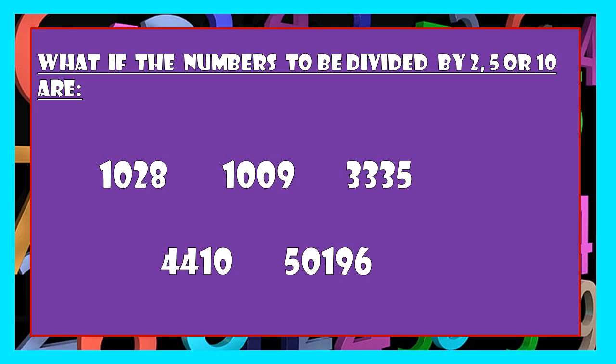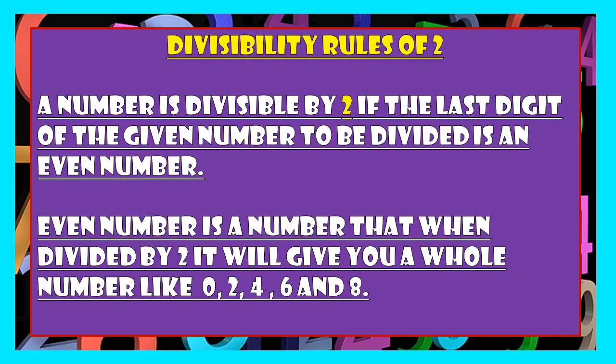So, dito na ngayon papasok ang tinatawag nating divisibility rules. So, ano ba yung divisibility rules? So, una, divisibility rules of 2. So, paano natin malalaman na ang number ay divisible sa 2 o pwedeng hatiin sa dalawang magkapantay na grupo?